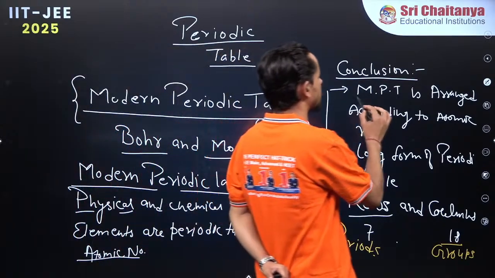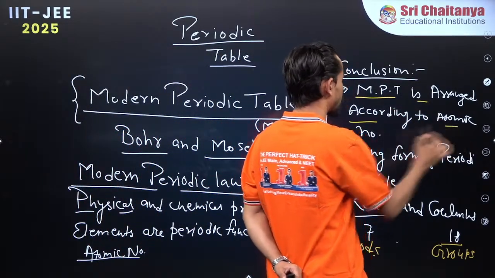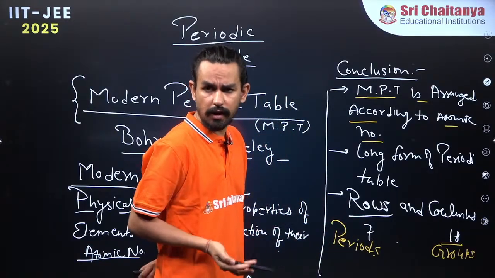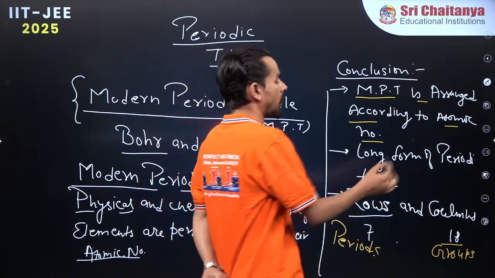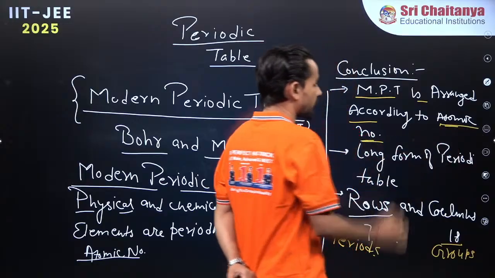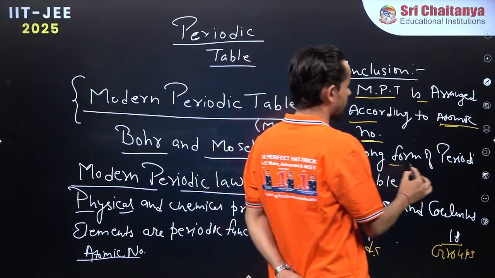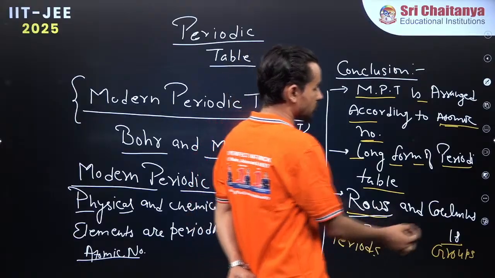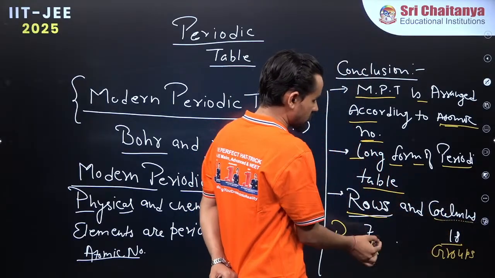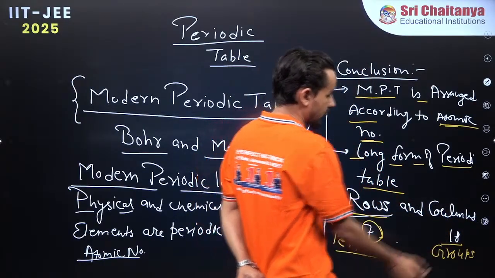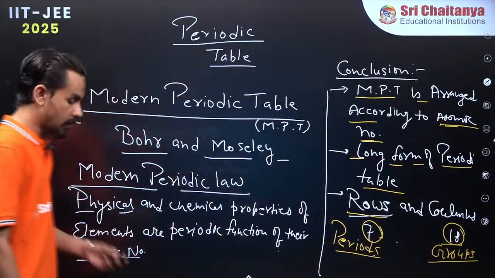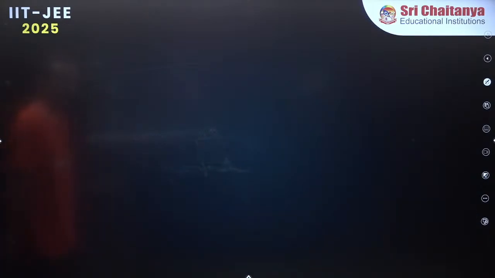The modern periodic table is arranged according to atomic number, because Moseley was saying that the physical and chemical properties repeat according to atomic number. Its other name is the long form of the periodic table, and it has 7 rows and 18 columns. These 7 rows are known as periods, and these 18 columns are known as groups. That's it. Now let's move.